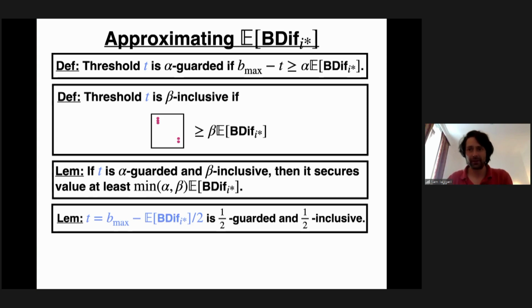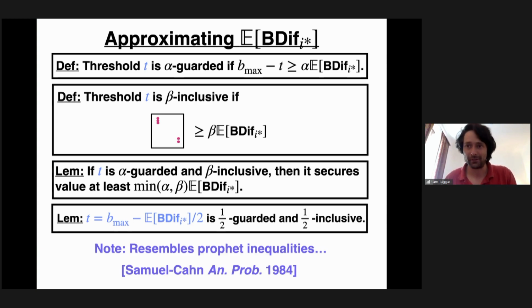Now, if you've worked with profit inequalities, you might be getting chills, because this alpha guarded condition really looks a lot like the revenue term in the original Samuel Kahn profit inequalities analysis. And this beta inclusive condition looks a whole lot like the utility term in the profit inequalities analysis.